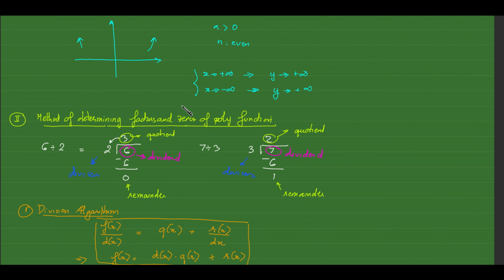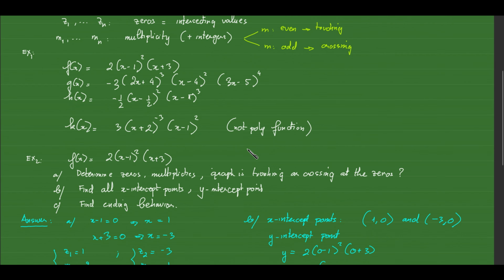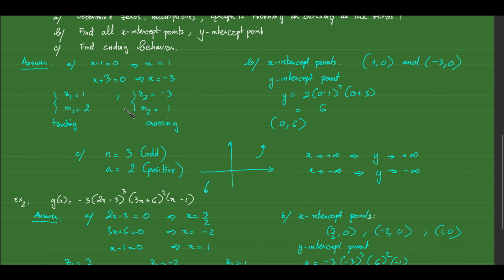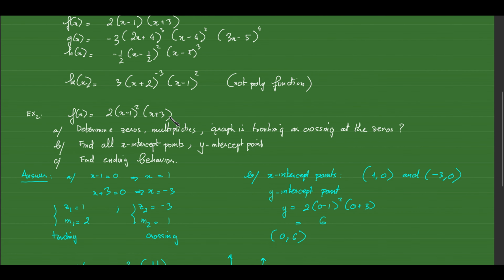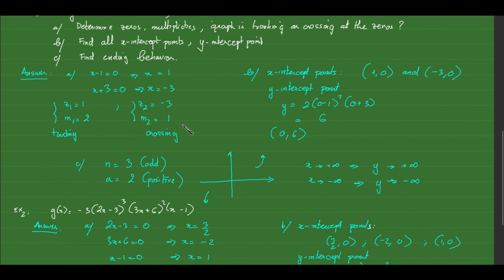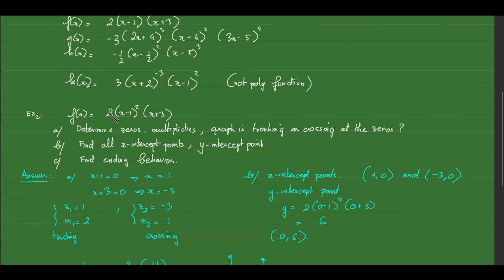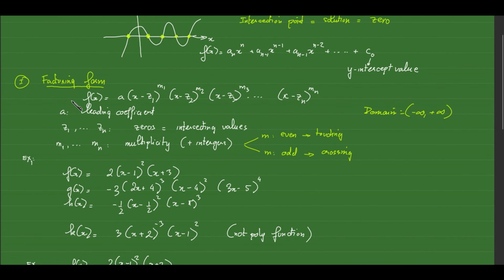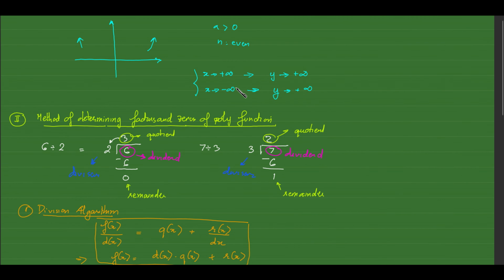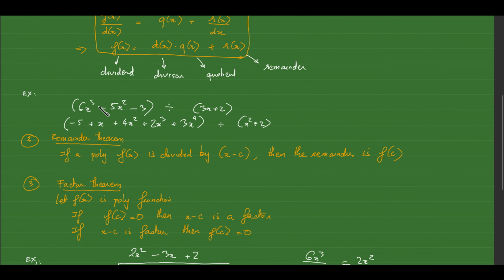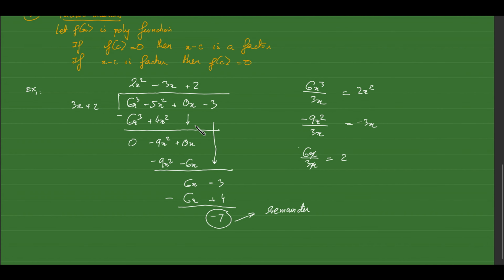For the ending behavior, you don't have to, but I will give you this next time, or maybe on the final exam. But you have to learn it, because as long as you understand the factoring form, then you understand the division and the remainder and all of this.